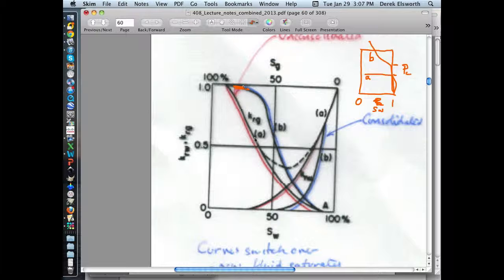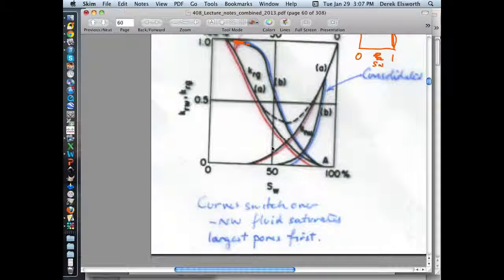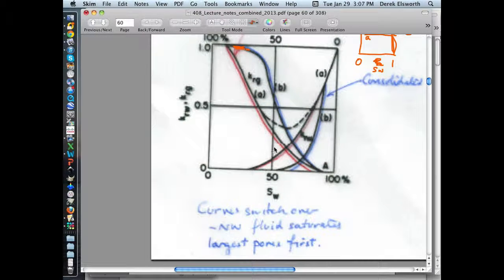But basically, these mean that you have different distributions of permeabilities, and again, invading the largest pores first. So I'm guessing that this has a large population of large pores because the permeability stays high, even though you're filling up with more and more water as you go across to this right-hand side.